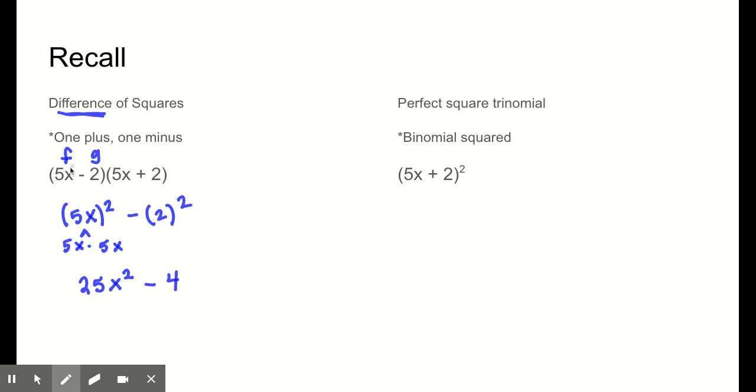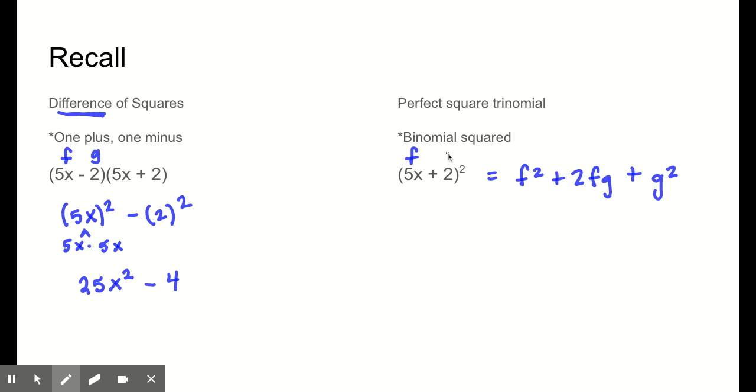Again, every single time we have the same two terms within each of the binomials, but one's plus and one's minus, it's going to multiply out every time to f squared minus g squared. Now with our binomial squared, when you have 5x plus 2 squared, that's going to give us a perfect square trinomial. So we're going to get f squared plus 2fg plus g squared when we multiply this out. Let's go ahead and use the special pattern to multiply this out.